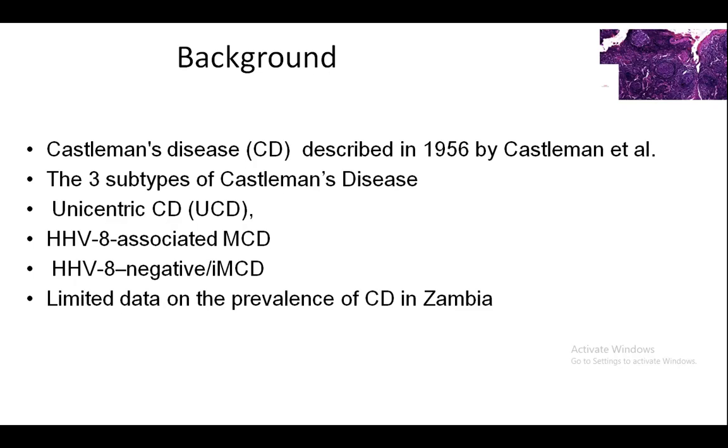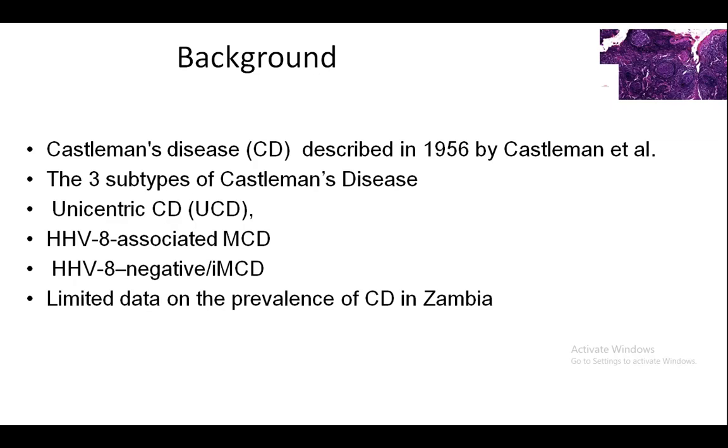It has 3 subtypes. One is unicentric Castleman's disease, which affects one area of lymph nodes. It could be in the abdomen or it could be in the chest.